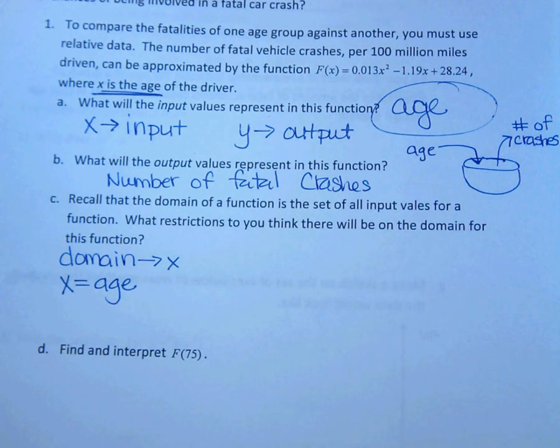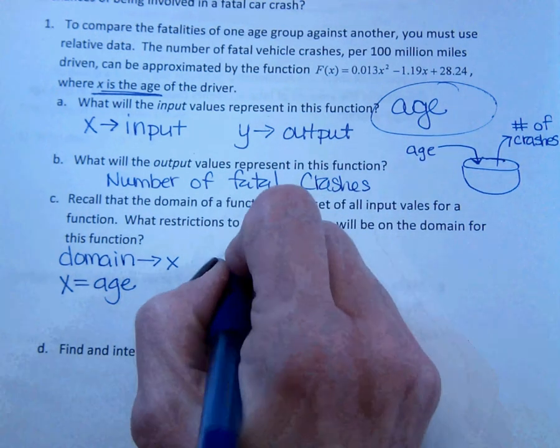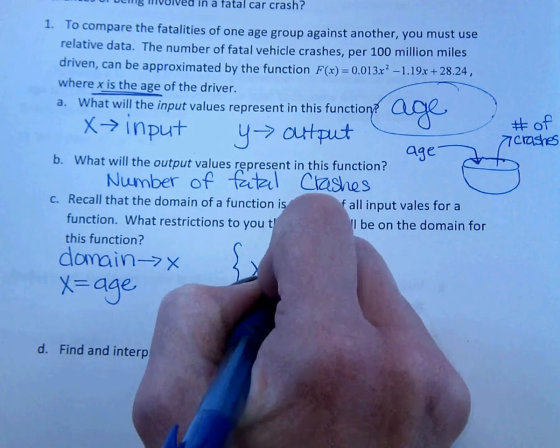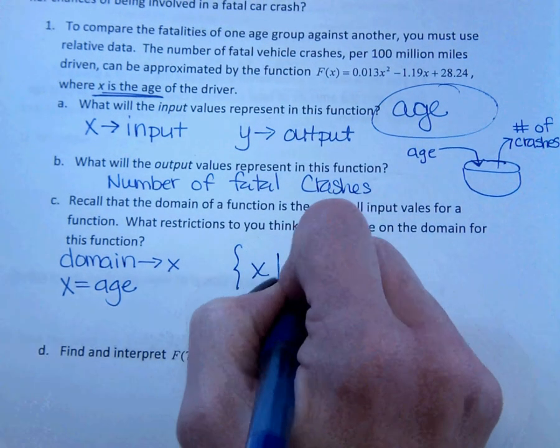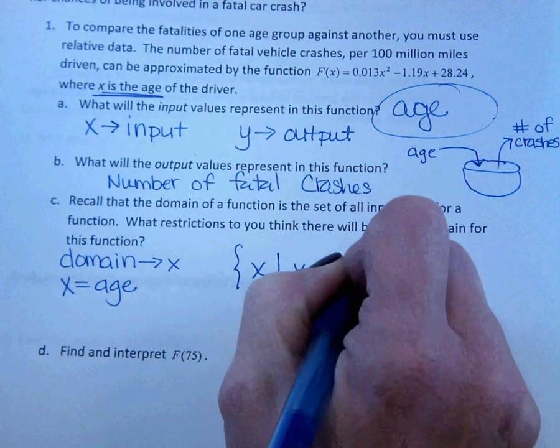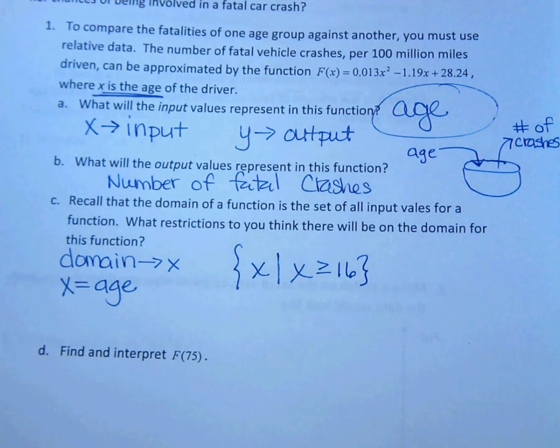I wouldn't want to find the amount of crashes for someone who's -5 years old, would I? How about 1, 2, 3? Would I want to find the number of crashes for a 3-year-old? No. Probably 16 is the first place where my x's are going to start. So for my domain, I'm going to say the set of all x's such that x is greater than or equal to 16. Now you might say, well, wait a minute, isn't there a maximum number?